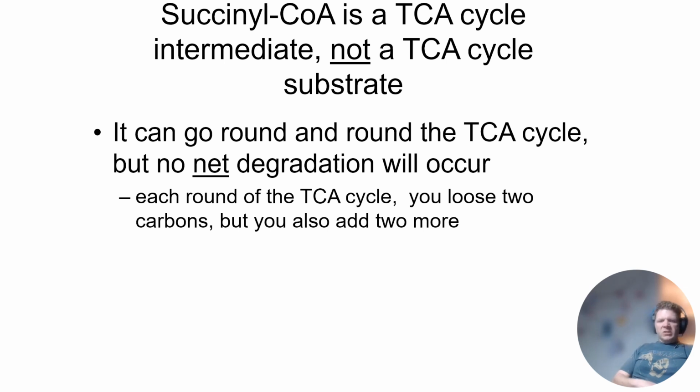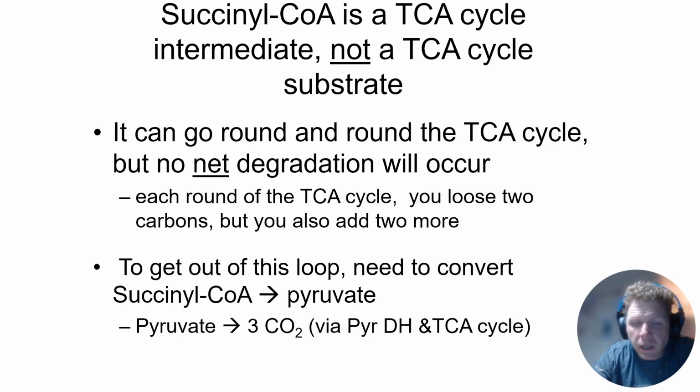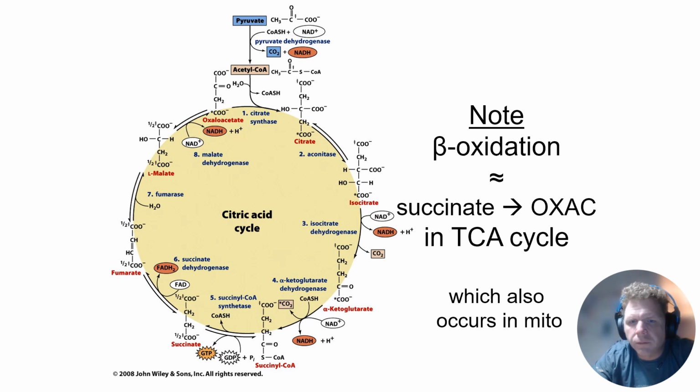Each round of the TCA cycle, you'll lose 2 carbons, but you'll add 2 more. To get out of this loop, you need to convert succinyl-CoA to pyruvate. That pyruvate is going to lead to 3 CO2s through the citric acid cycle.